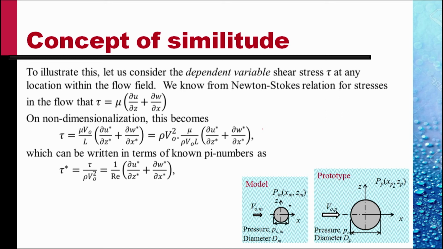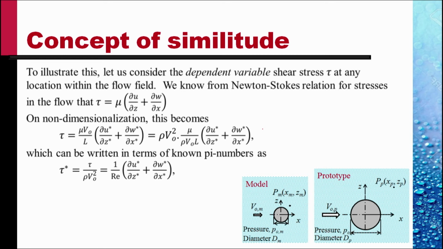So, if we do the experiment with the same value of Reynolds number and Froude number and Euler number and measure the tau in a model, then from this I can calculate tau star by dividing this by the model value for rho v naught square. The tau star that I obtained in this fashion would have the same value for the prototype as well.